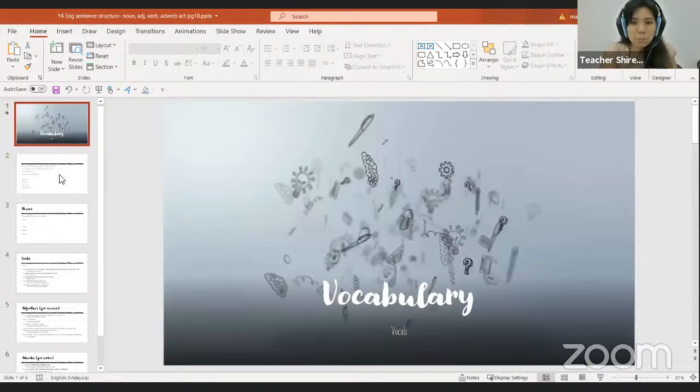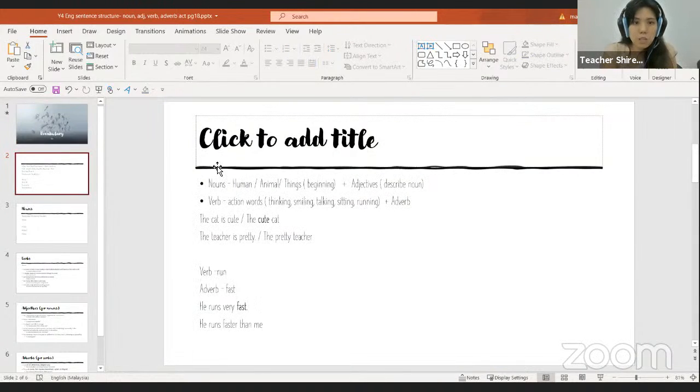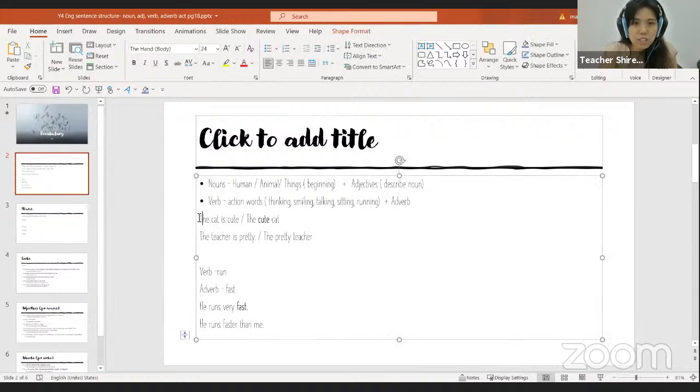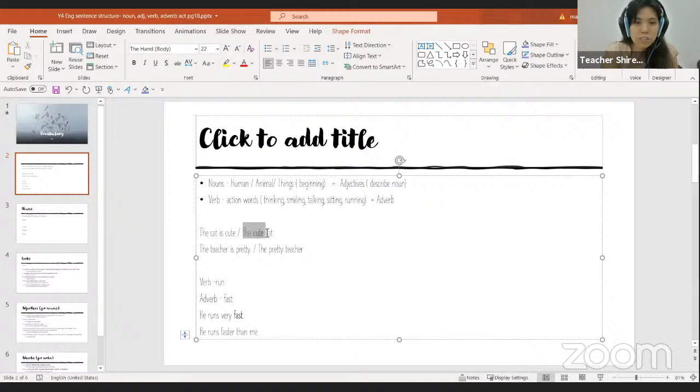So this is what I explained just now, vocabularies. Today we learned about all sorts of nouns. Nouns work together with adjectives, whereas verbs work together with adverbs. For adjectives with nouns, the adjective is normally in front, like in the sentence over here, while the adverb is normally behind the verb.